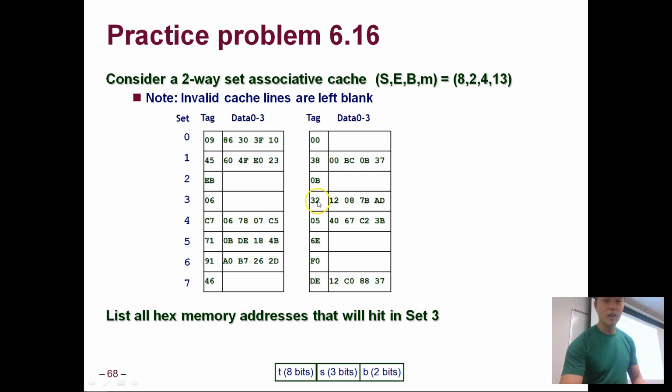Set 3 is right here. The only valid line in it has a tag of 32. So given that the tag is 32, the set is 3, find every single address that will hit. Basically these 4 addresses. So the reverse operation. I'll give you a couple minutes for that.